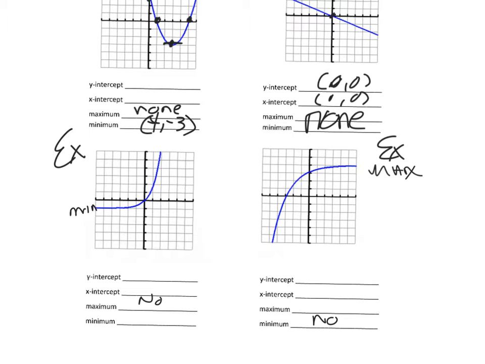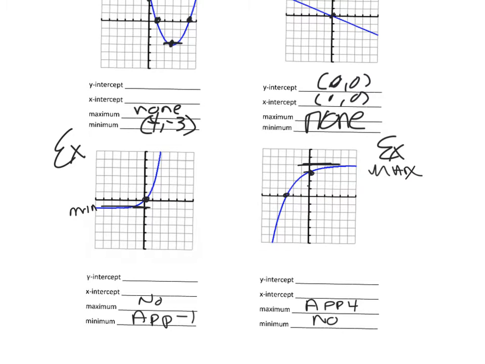All right, and here the minimum is approaching -1. This one is approaching 1, 2, 3, 4, approaching 4. All right, and then you would do x-intercept, y-intercept, x-intercept, y-intercept. Both of them's origin.